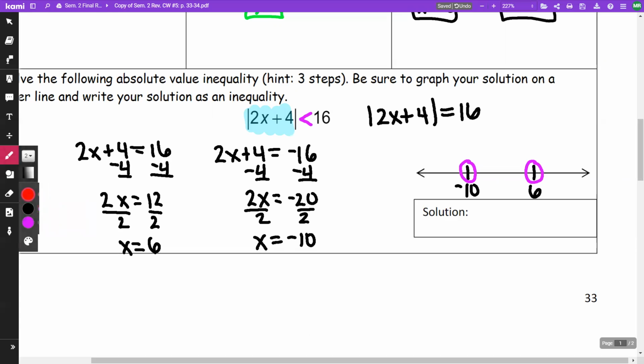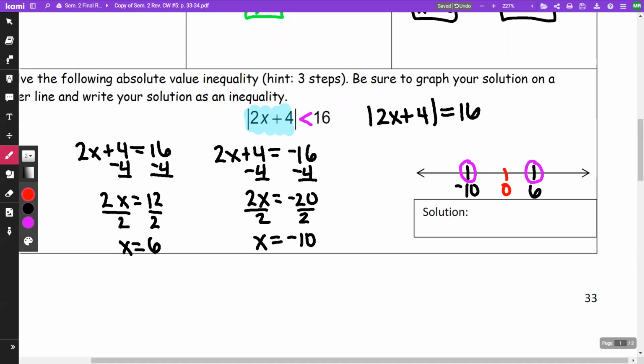A good number to test is a number in between these two numbers. So let's say 0, for example, is in between those. If I put 0 into my original inequality, I get absolute value of 2 times 0 plus 4 is less than 16.